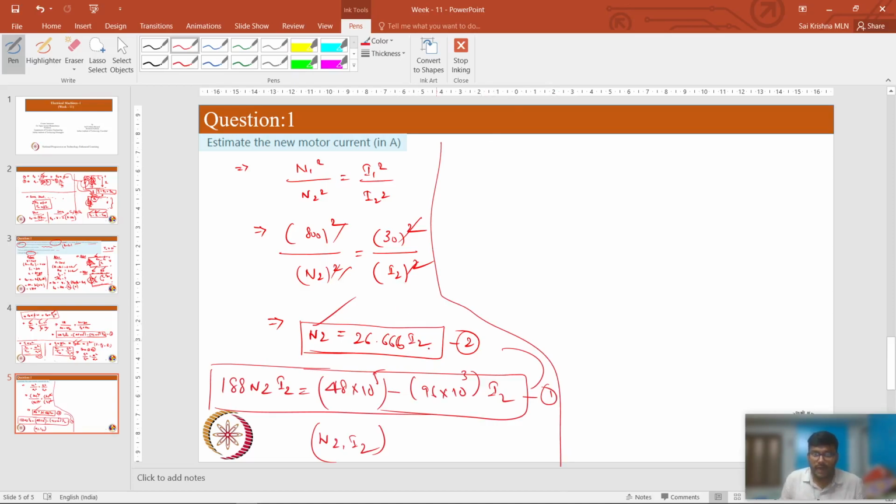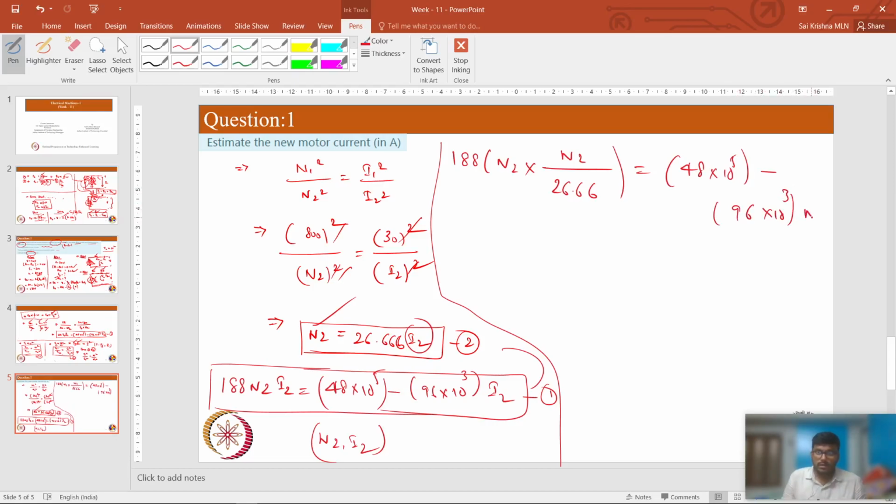Substitute the value of I2. I2 is nothing but N2 by 26.66 in equation number 1. So 188 N2 multiplied by N2 divided by 26.66 is equal to 48 into 10 power 5 minus 96 into 10 cube, with I2 as N2 divided by 26.66.